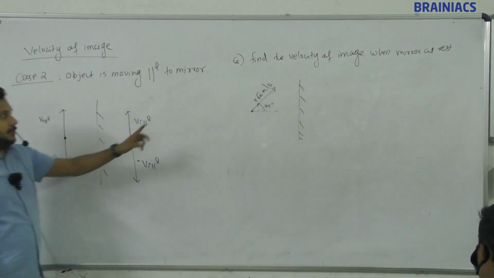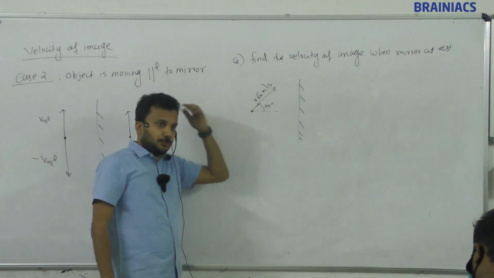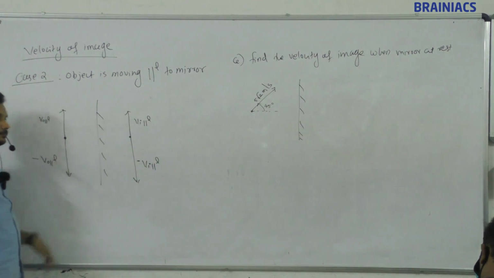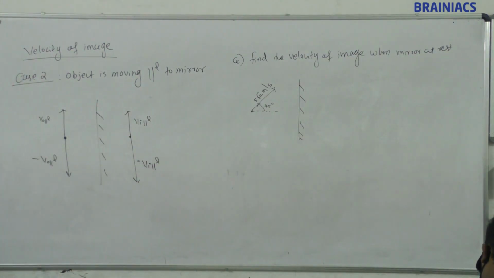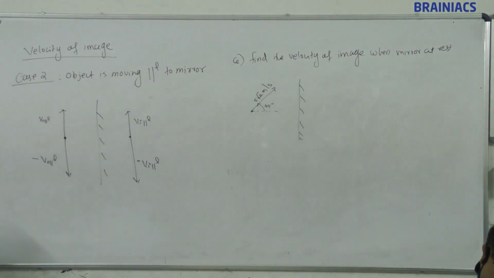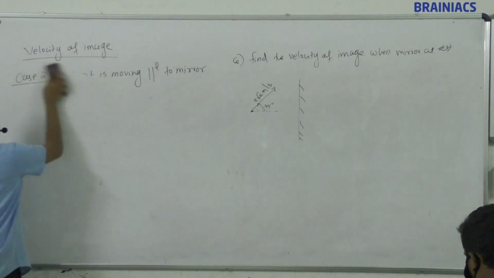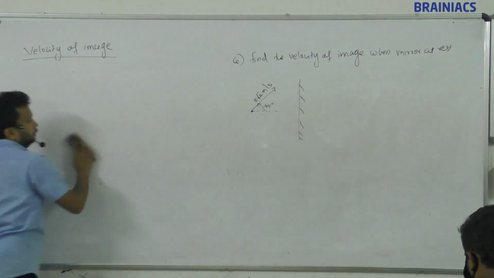At 45 degrees, the object is moving at a speed of 5 root 2. So what is the velocity of image in this case?